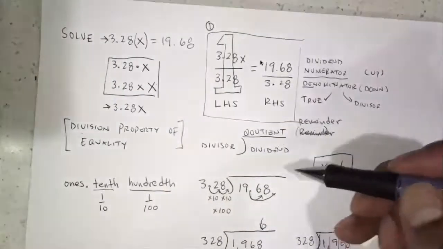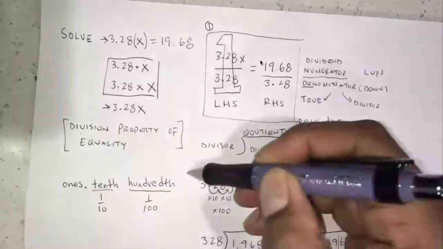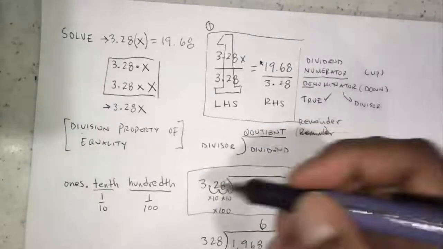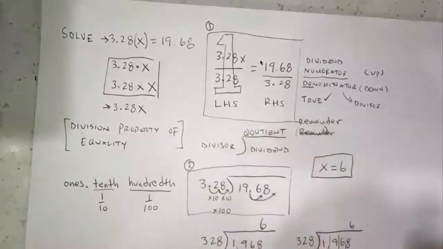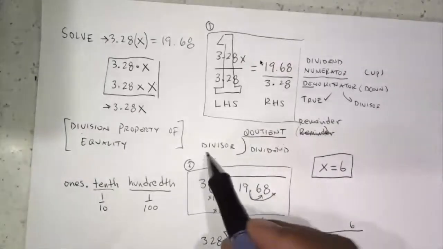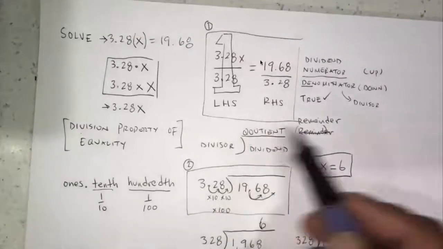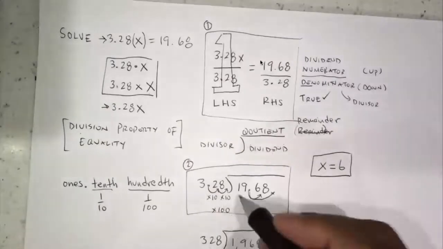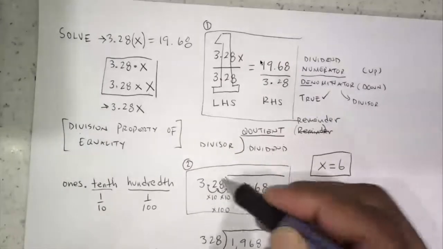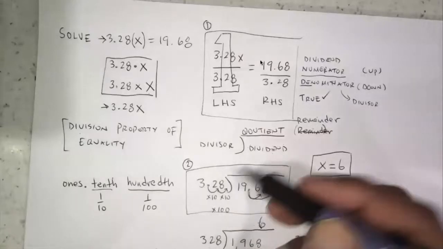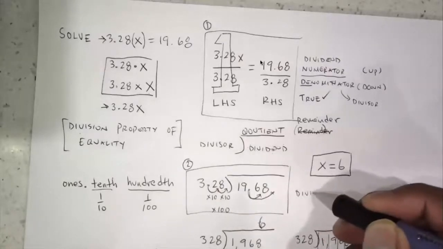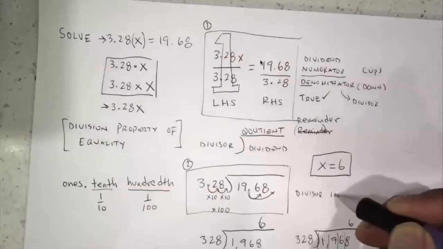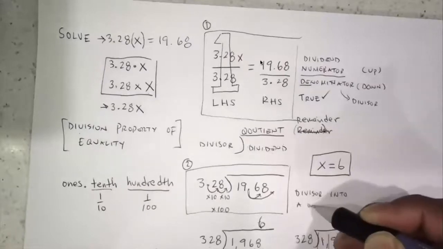The next step was putting them into the division house, knowing where the divisor, the dividend, the quotient, and the remainder are. The third step was converting the divisor into a whole number.